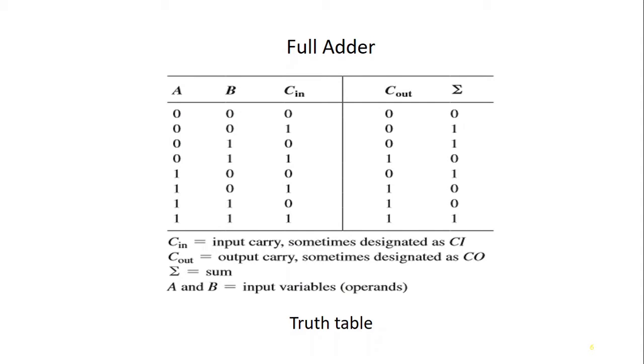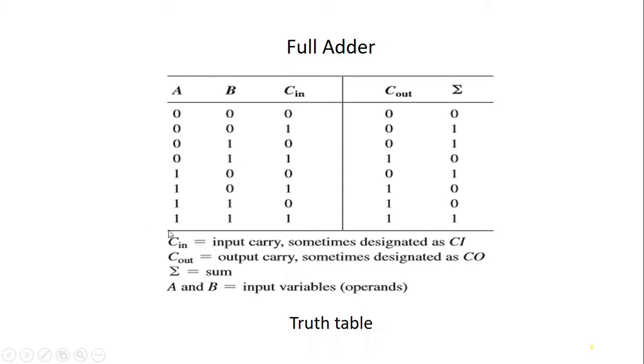The truth table of the full adder describes how the input combinations gives the output in the full adder. Here A, B and C are the input bits. Since we have three different input bits, we have 8 different combinations of the inputs.